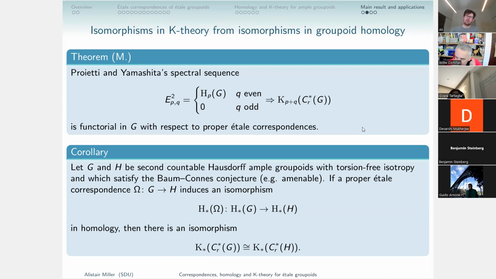Which is kind of what we are trying to do. But depending on what the cyclic homology is, it might be more or less related to things you knew before, like the groupoid homology.